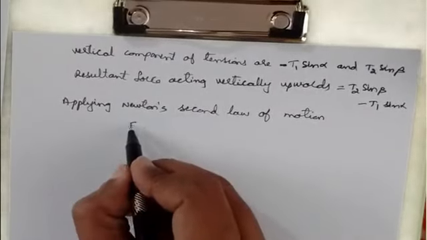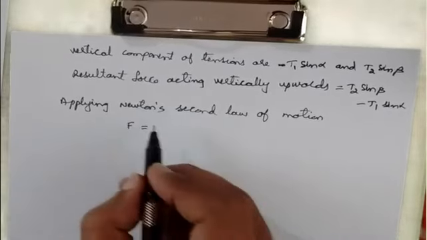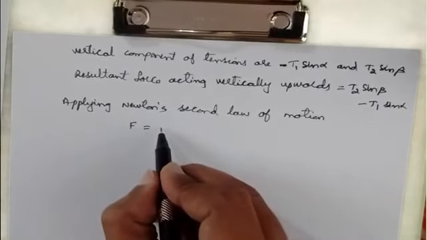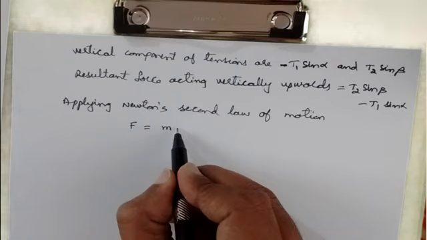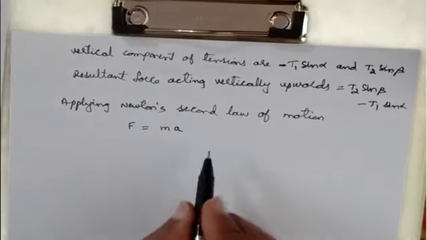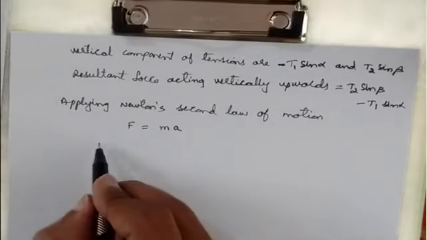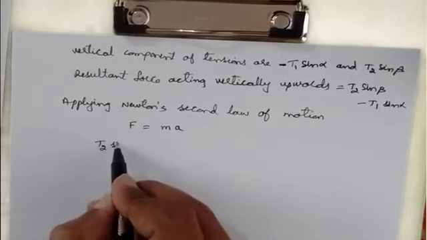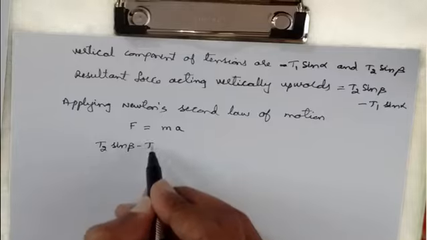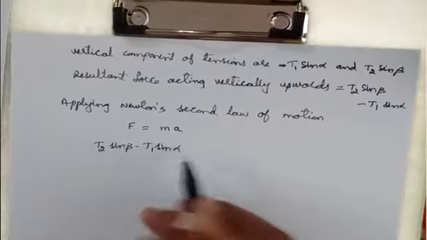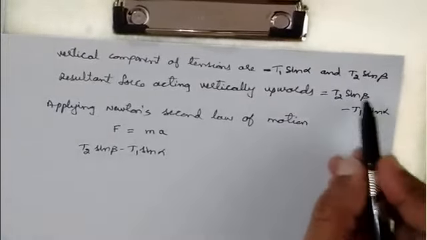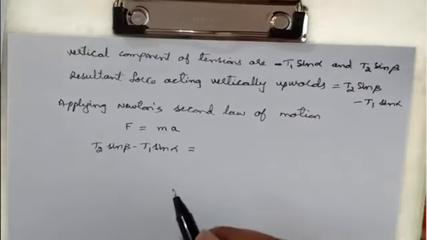We know force F is equal to mass into acceleration, m into a. So what is the force? The resultant force we have taken is T2 sine of beta minus T1 sine of alpha. So this is your resultant force, which is equal to mass times acceleration.